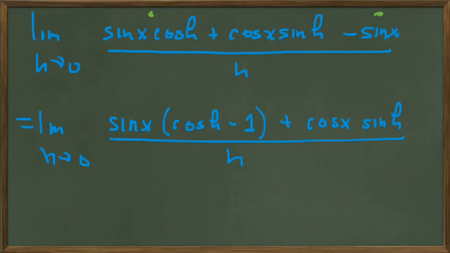And let's note further that we can split that into two limits using the fact that a fraction a plus b over c can always be written as a over c plus b over c.